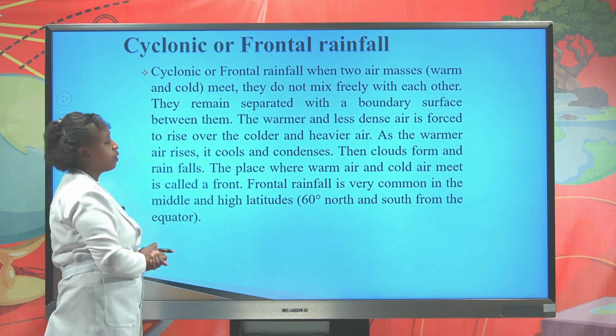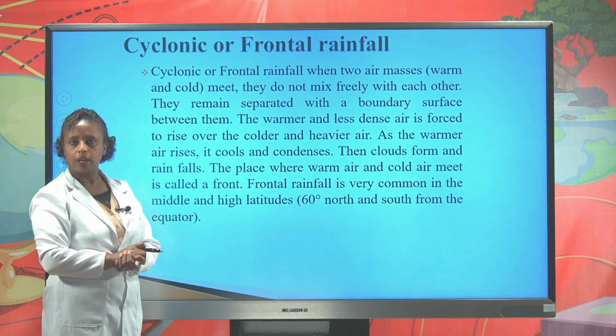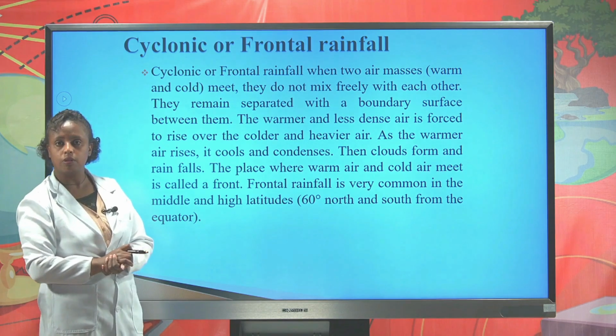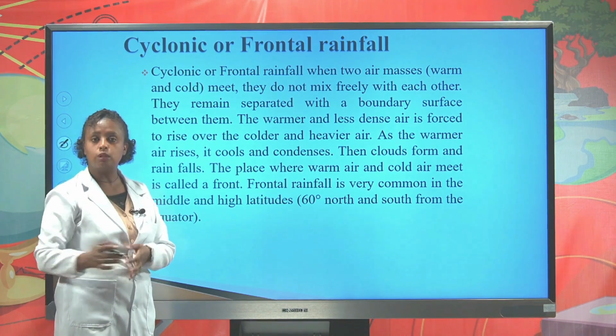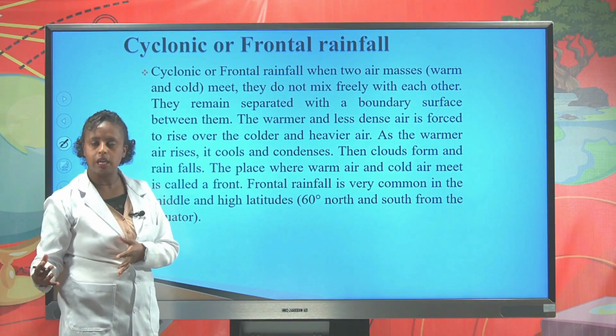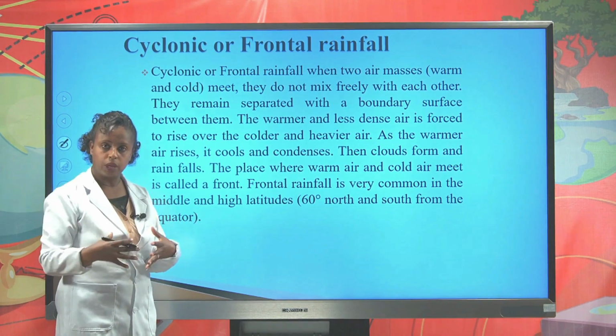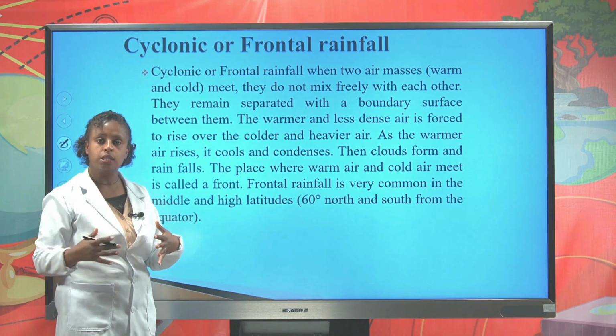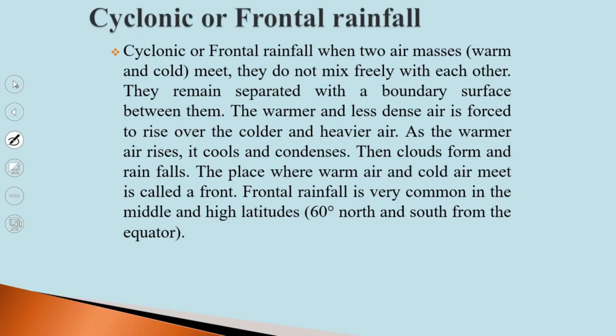The third type of rainfall is cyclonic or frontal rainfall. Cyclonic or frontal rainfall is formed when two air masses, the warm air mass and the cool air mass, meet together, but they don't mix freely. They stay separately at the boundary.